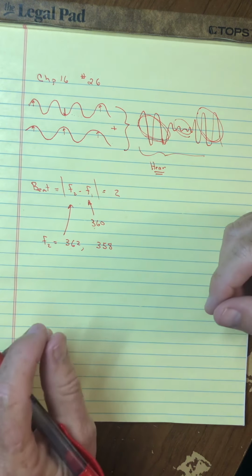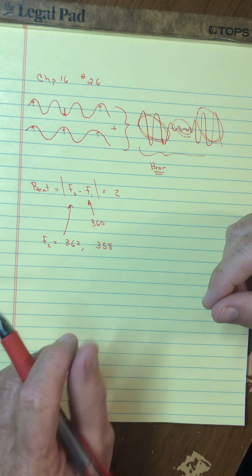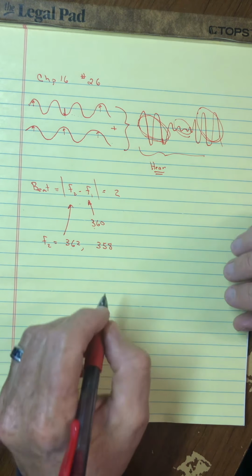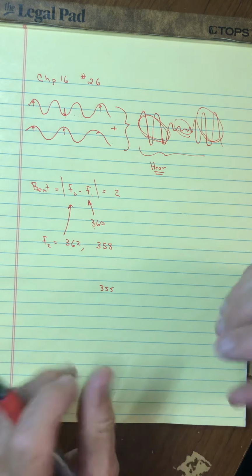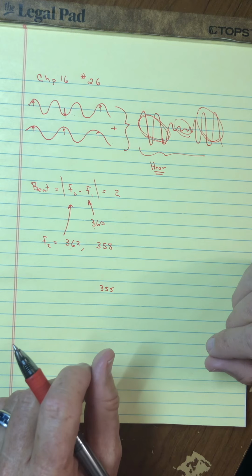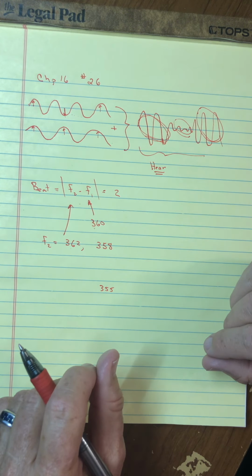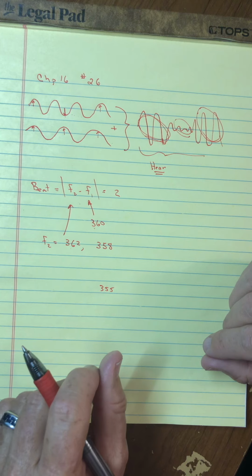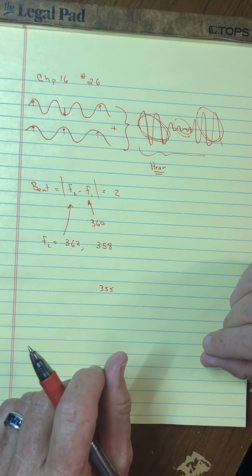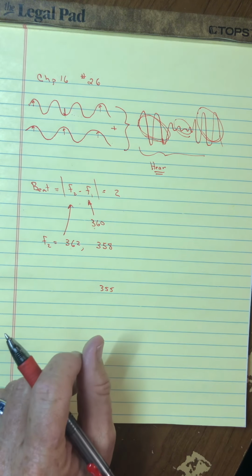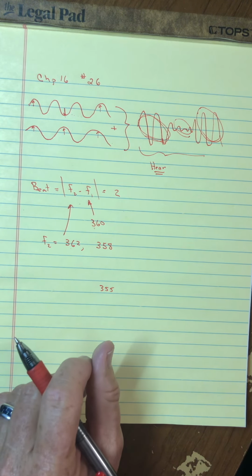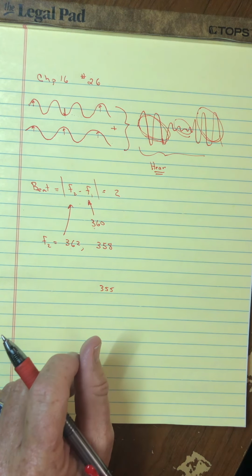So then it goes on to say, when you ring it alongside a 355. Okay, so we go with a 355. You hear a beat of... now, let me just check on this, because I don't know.